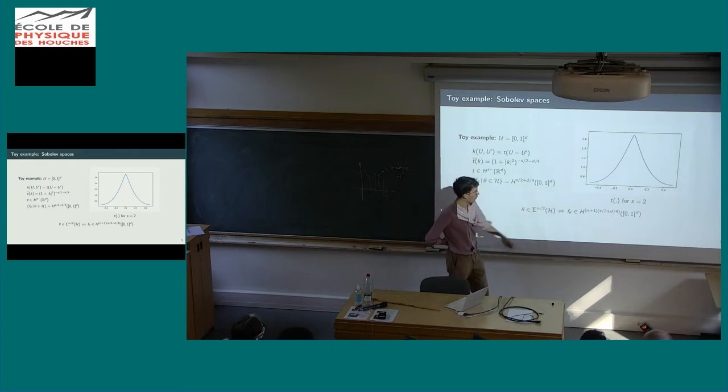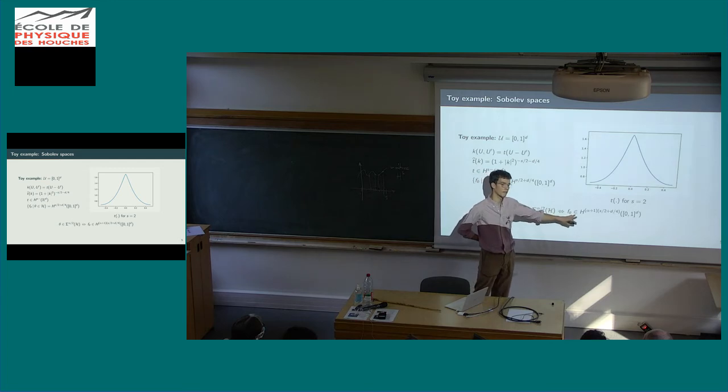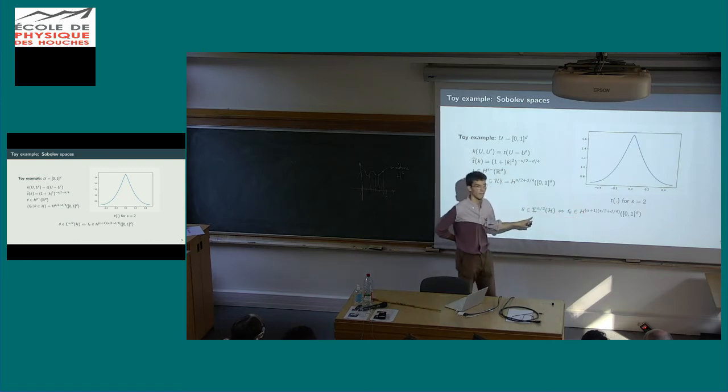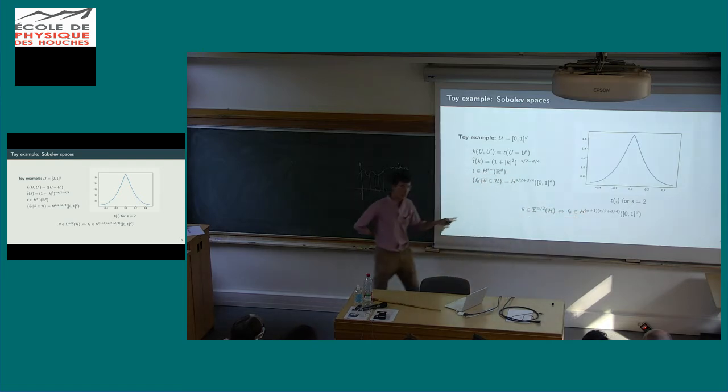And it turns out they are all also Sobolev spaces, and they are smaller with a higher exponent. It increases with alpha. So in that case, it happens that this notion of regularity in kernel spaces is Sobolev regularity. It doesn't have to be, it's just in this case.